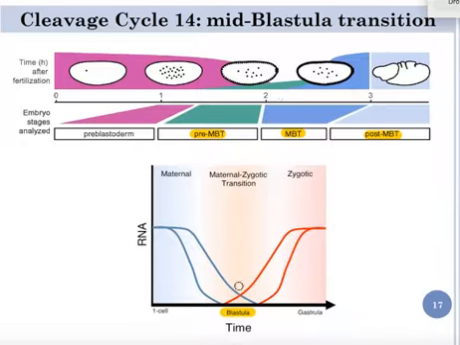By the Midblastula transition, by the MBT stage, these maternal genes will be decreasing. Okay, we have a drop off of this expression, and we'll have the expression of new genes called zygotic genes, and these genes are specific for the zygote. So it means for the embryo from this stage until the different other stages of development.